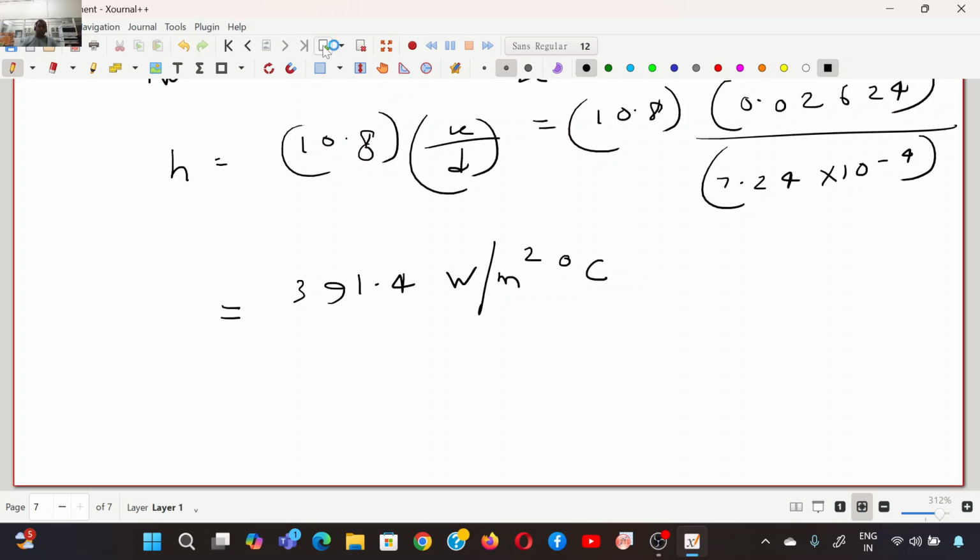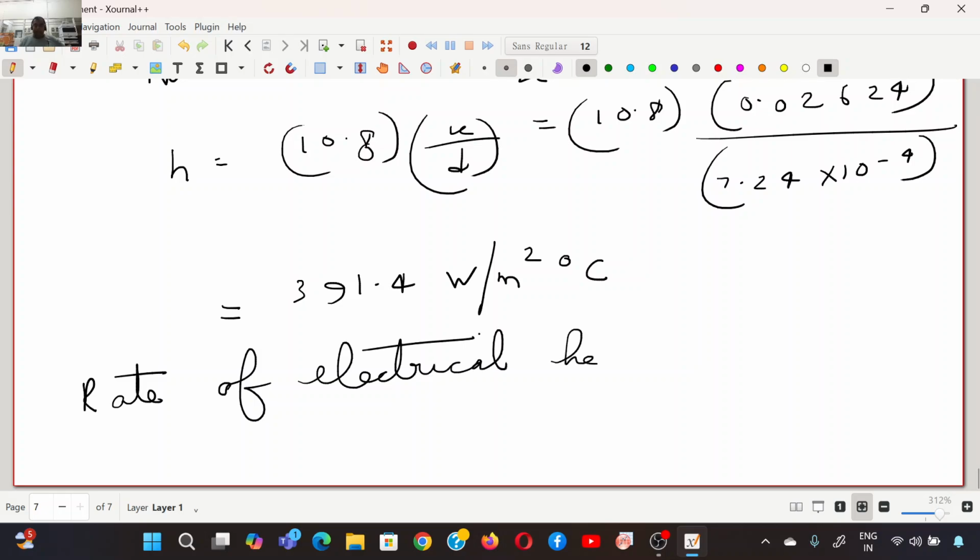And what's the rate of heat generation in the wire? It's I square R, no? Any electricity textbook you open, you get that. On the basis of 1 meter.